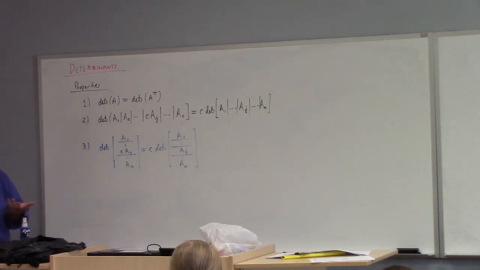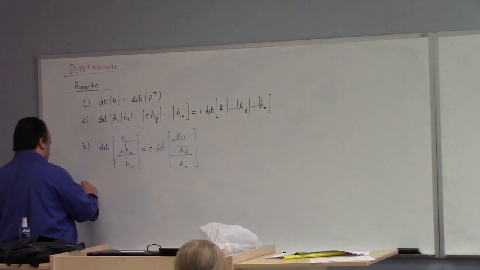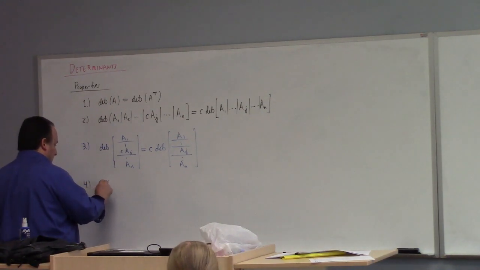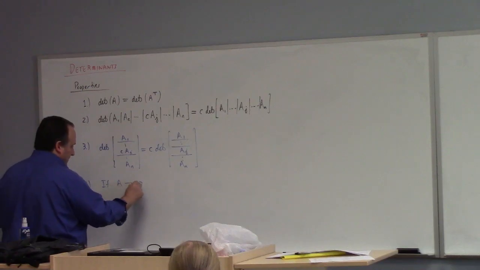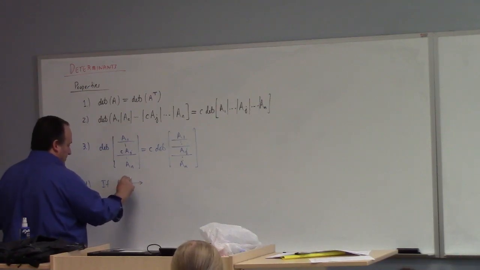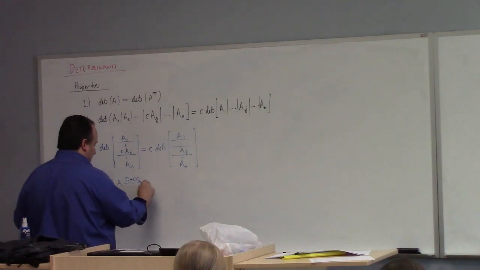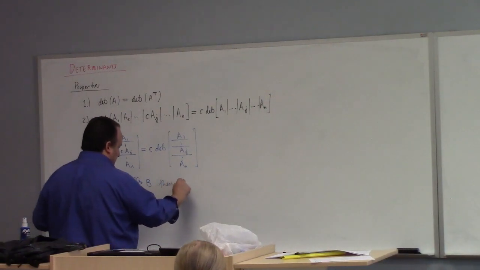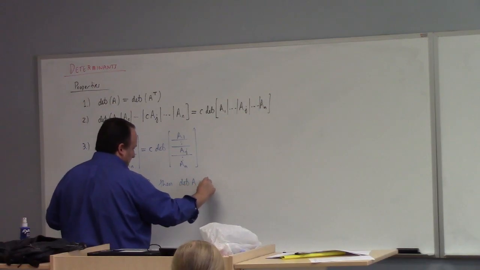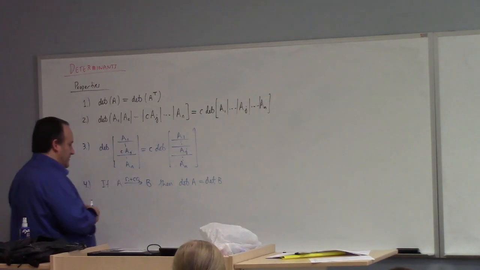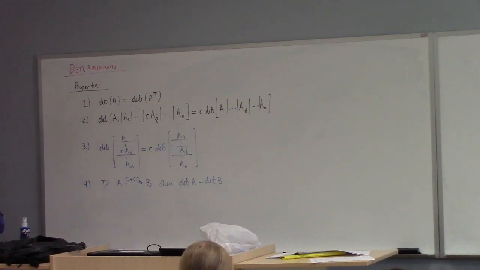So we can pull a constant out of a row or column, all right? Number four, if A is like row i plus some constant times row j, like that. If that's B, then the determinant of A is equal to the determinant of B. This is another property of the determinant. If you do that kind of row operation, it doesn't change anything.